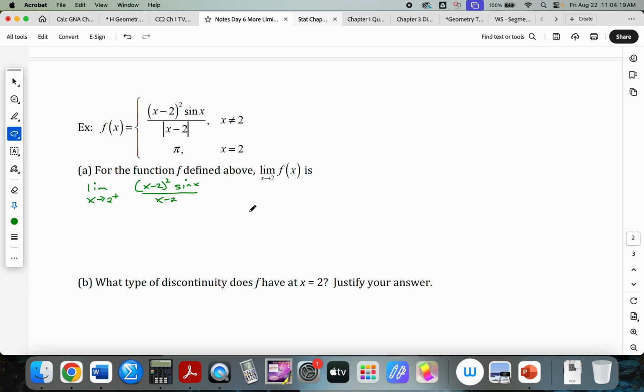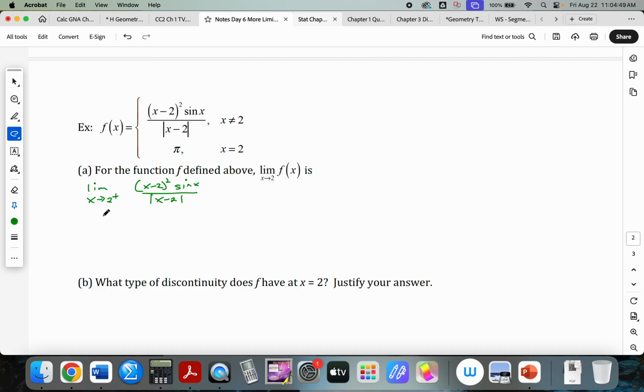So as x approaches 2 from the right, sorry, I left off the absolute value. Notice that x minus 2 is always a positive value, right? So does the absolute value change it? For values close to 2 but slightly bigger than 2?